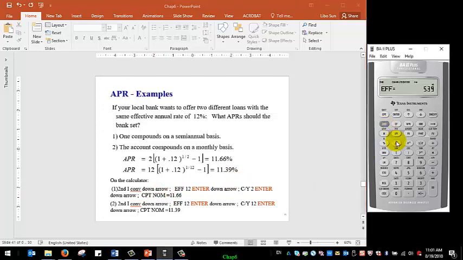So again, I press second, I convert, and I'm going to clear the work. Okay, so here EFF is set at 12, enter. The frequency for the first one is semi-annual, so enter 2. Then we compute. We got 11.66, right? Repeat the same procedure for the second account.